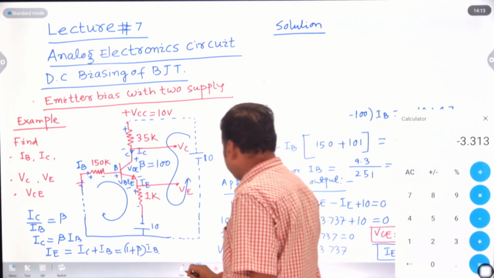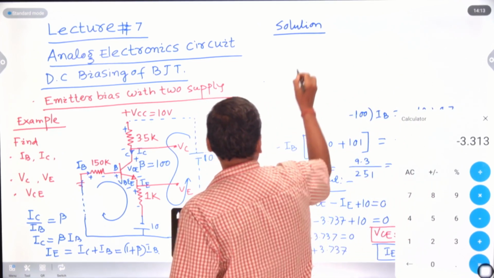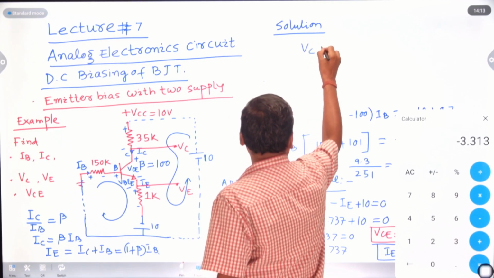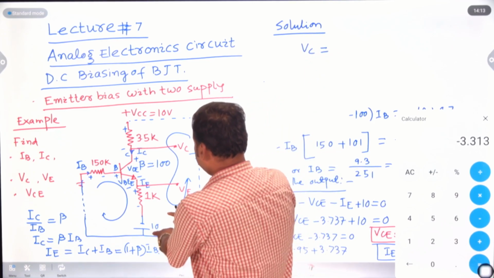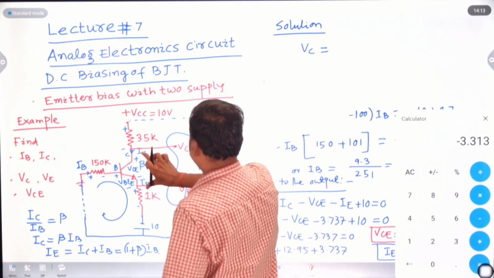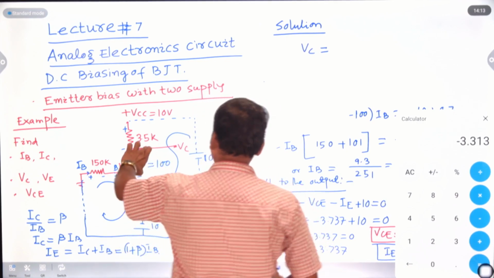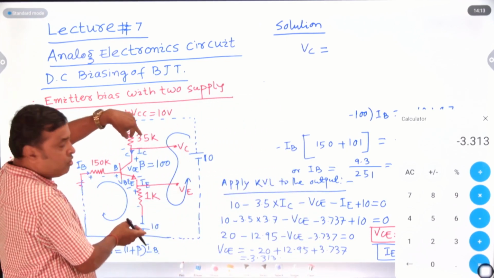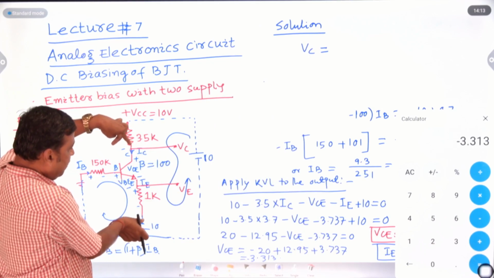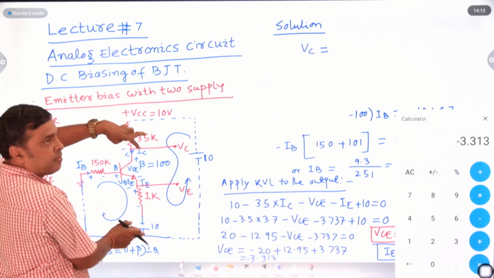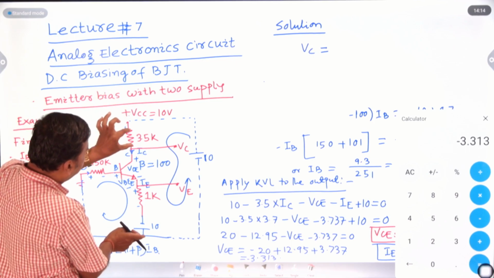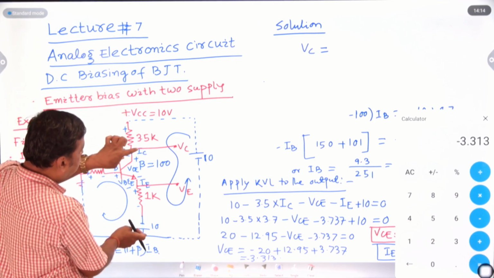VC is the collector potential: this voltage plus this drop plus this one. Otherwise, total voltage minus this drop is VC.